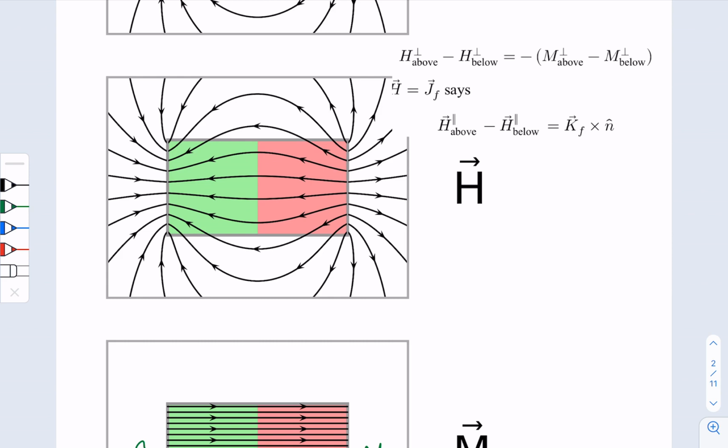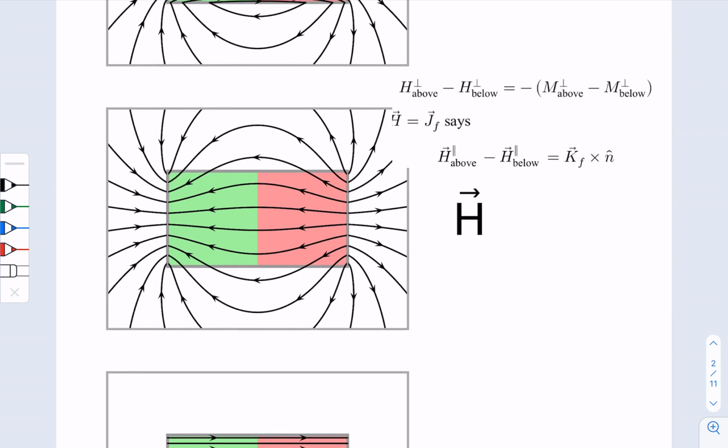As you can see, the plot shows that the H field points straight to the left in the center, but here it goes slightly upwards until it smoothly crosses the edge. So the H field is always smooth at the edge over here.